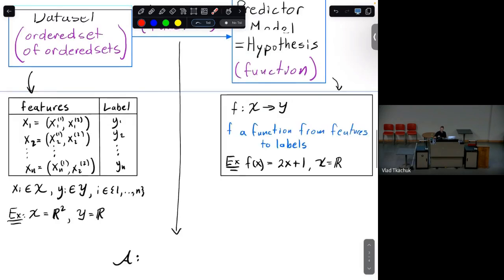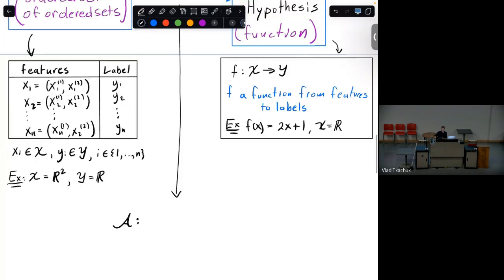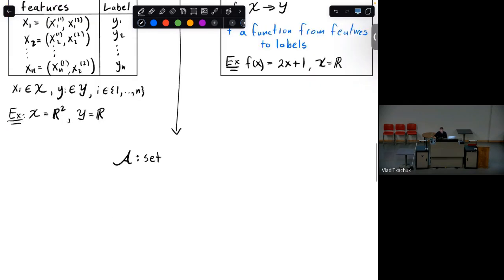So the way we're going to write this notation is something like this. What does a data set look like? I'm just going to put it in words for now, and then we'll define this thing. It's going to be a set of data sets, because the domain is a set of the objects you want to take as input, and it's going to output a set of functions.